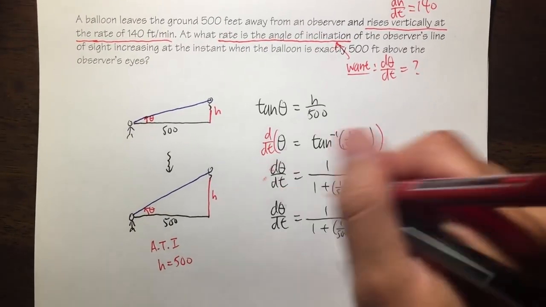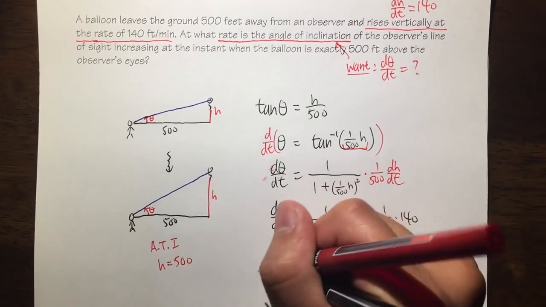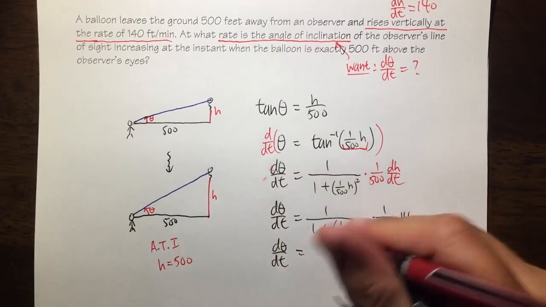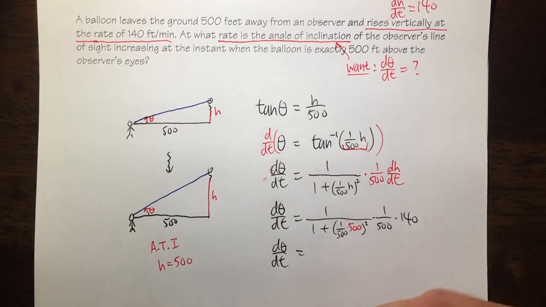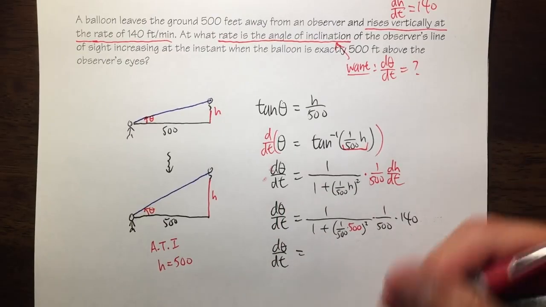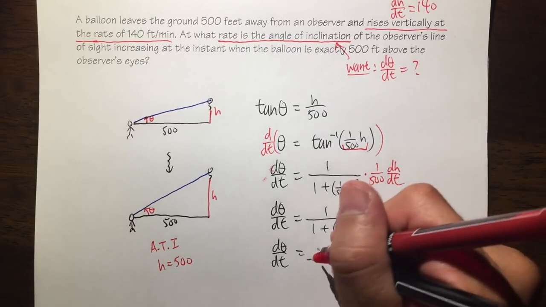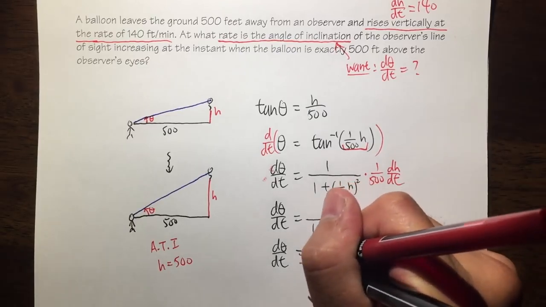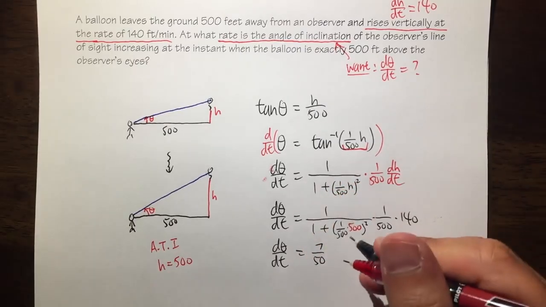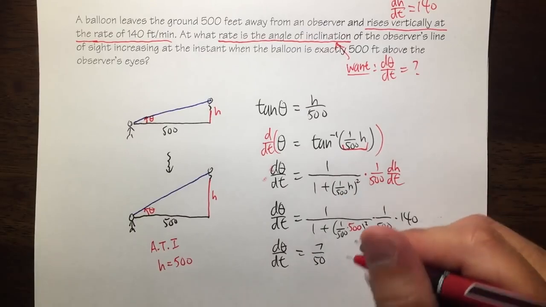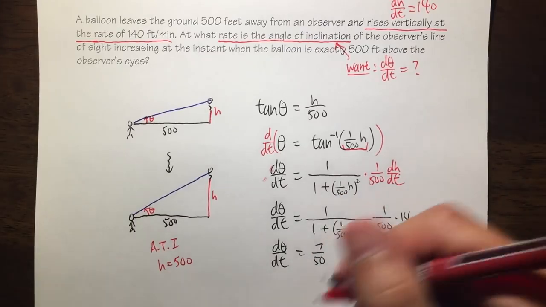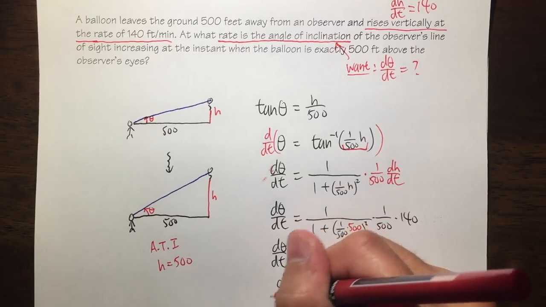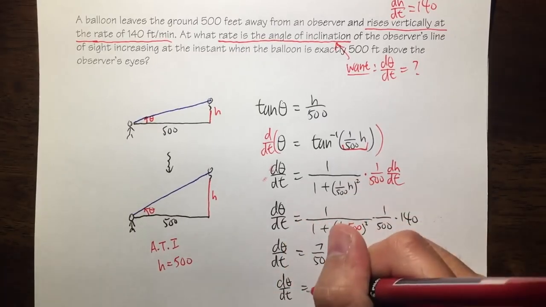And then from all this, you can just work out the computation. Depending on whether you like fractions or decimals: if you like fractions, it's 7 over 50. Or if you like decimals, this is 0.14.